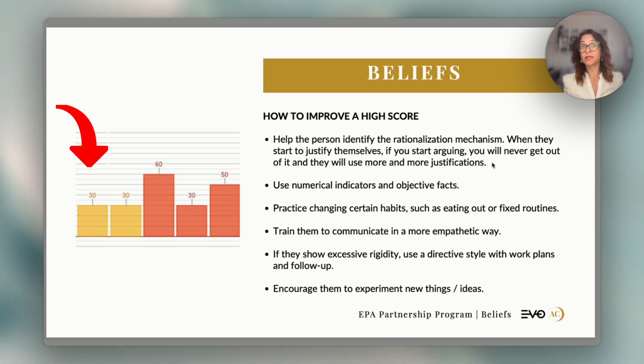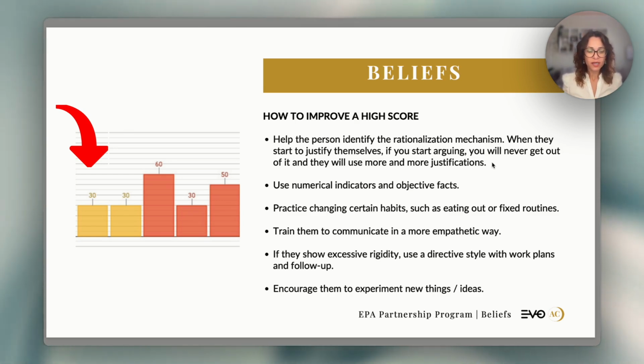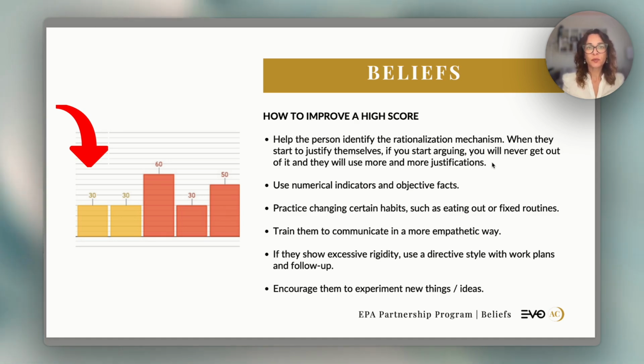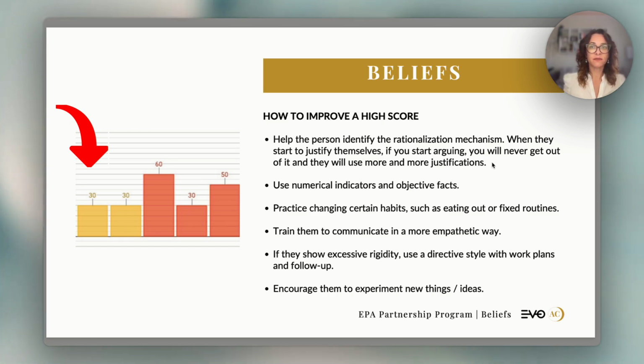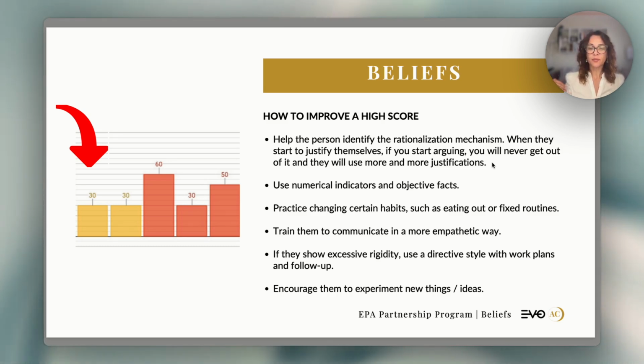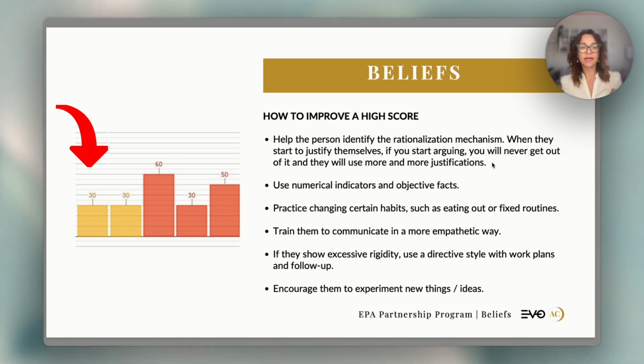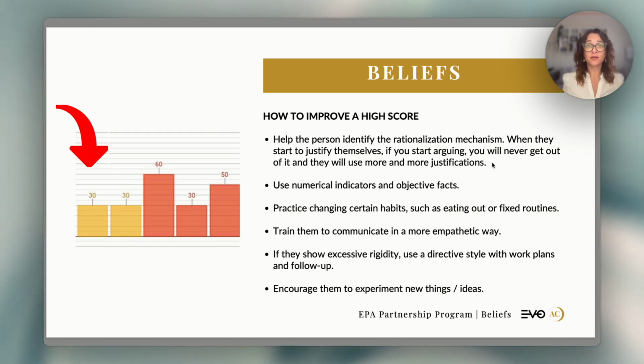So first of all, we want to help them identify, recognize these rationalization mechanisms. These are people that when you start arguing with them or having a discussion with them, they over-justify themselves. They keep throwing out data and information and books and authors and studies and researches to support their belief system.